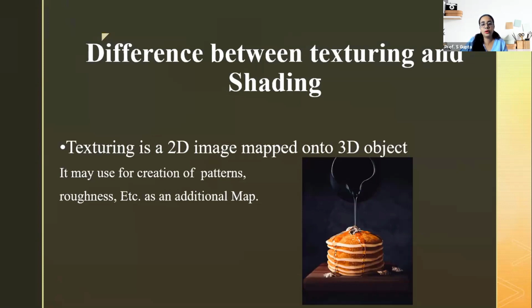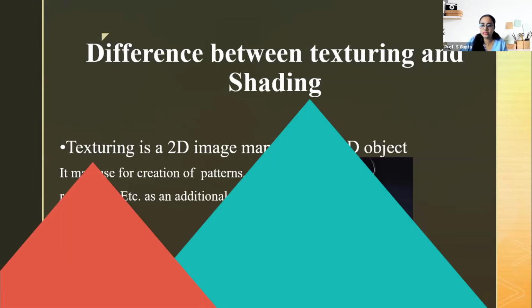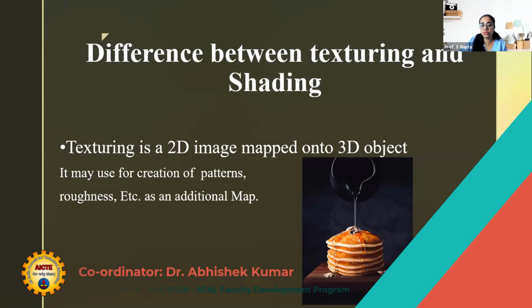But when you talk about texturing, you have to get a 2D image from outside the software, take it into the software, do the mapping, and then apply that to the gray mesh, right? It may be used for creation of pattern, roughness as an additional map, right? Why are we using the term additional? Because we are adding something from outside the software, from another source, to the software.